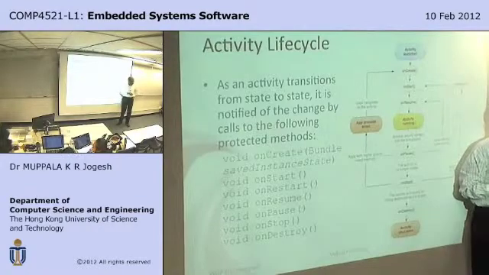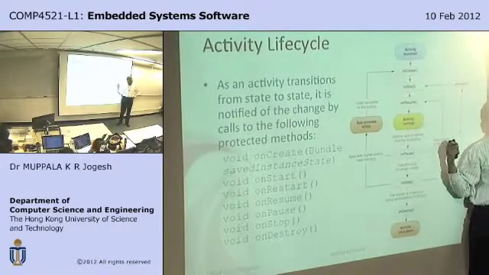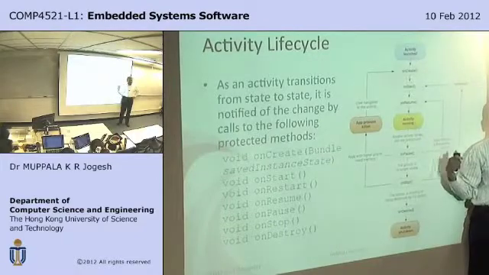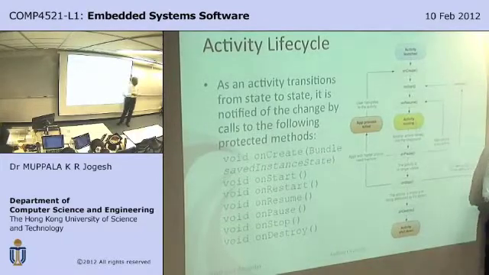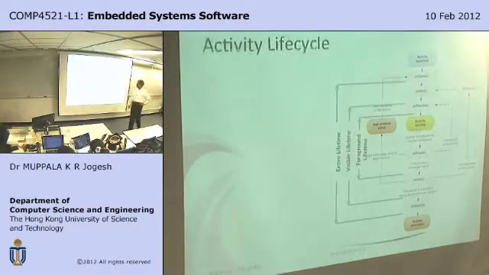Now, this is a little bit difficult for people to understand initially, but with enough examples and enough experience, you will begin to understand why this is an interesting, important part to handle.